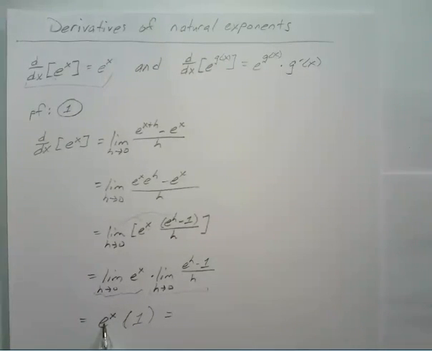So you end up with e to the power of x times 1, which is e to the power of x. That is how we find the derivative of our natural exponent. If you are still writing, feel free to press pause, but we're going to move on to our examples.